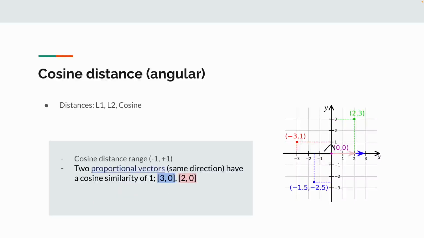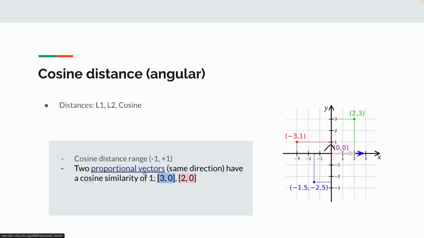So there are certain rules. If 2 vectors are proportional, that means that they are in the same direction. You can see that the blue vector and the red vector are actually on the same line and both have the same direction. So both the vectors are on the positive side of the x-axis, okay? So if you take the cosine distance of these 2 vectors, then their value will be 1, okay?